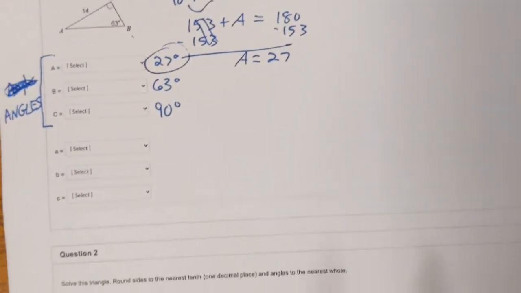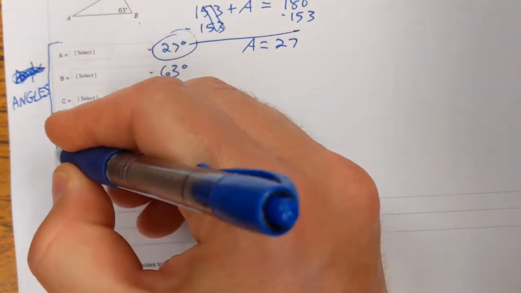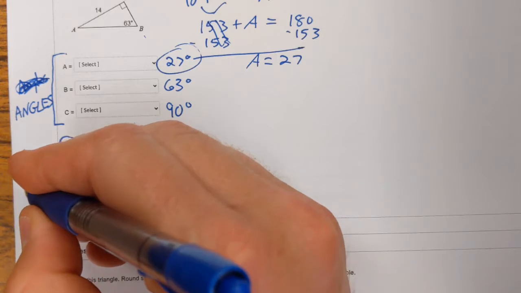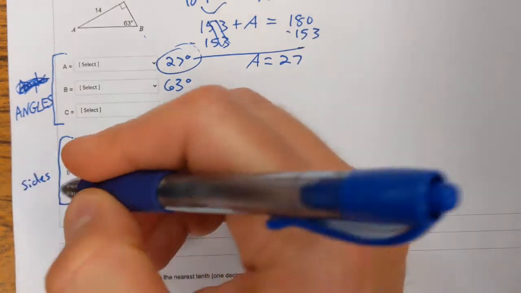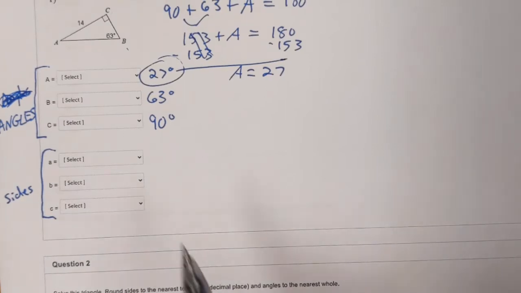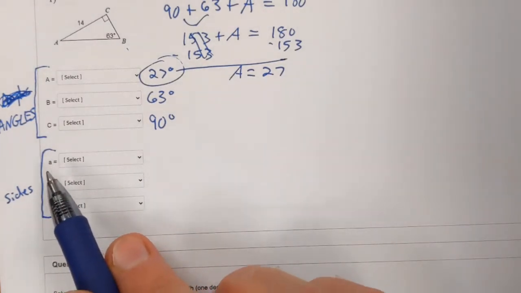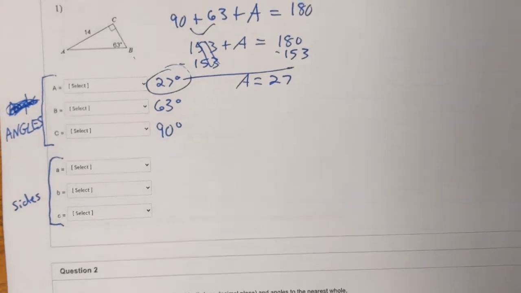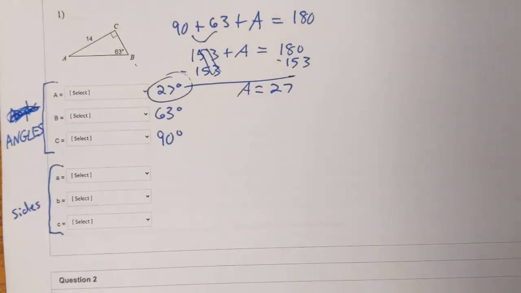Okay, now these lowercase letters down here represent the 3 sides of the triangle. And I'm going to write sides in lowercase letters. Here I need to find side a, the length of side a, the length of side b, and the length of side c. Now the sides always go opposite of their corresponding angle.